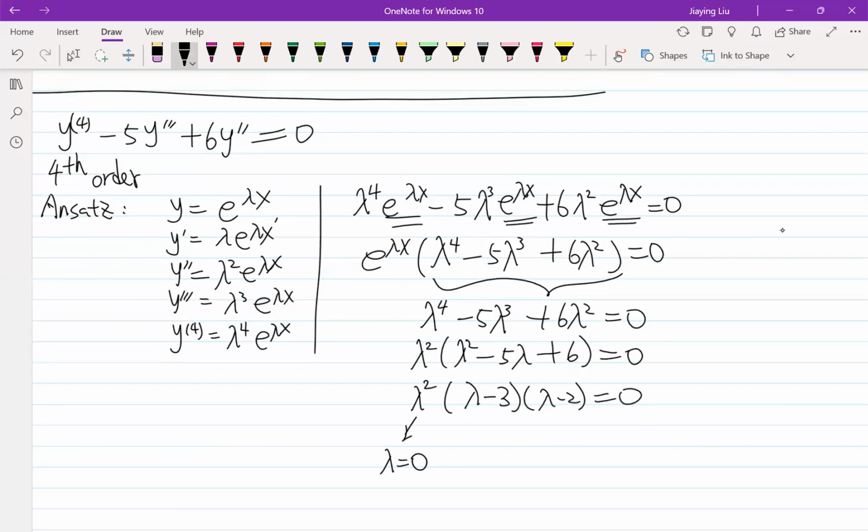But be careful, because it's lambda squared equals 0, we should have two lambdas, but we only have one value, so that means this value repeats. From lambda minus 3, we got lambda equals 3, and then we have lambda equals 2.